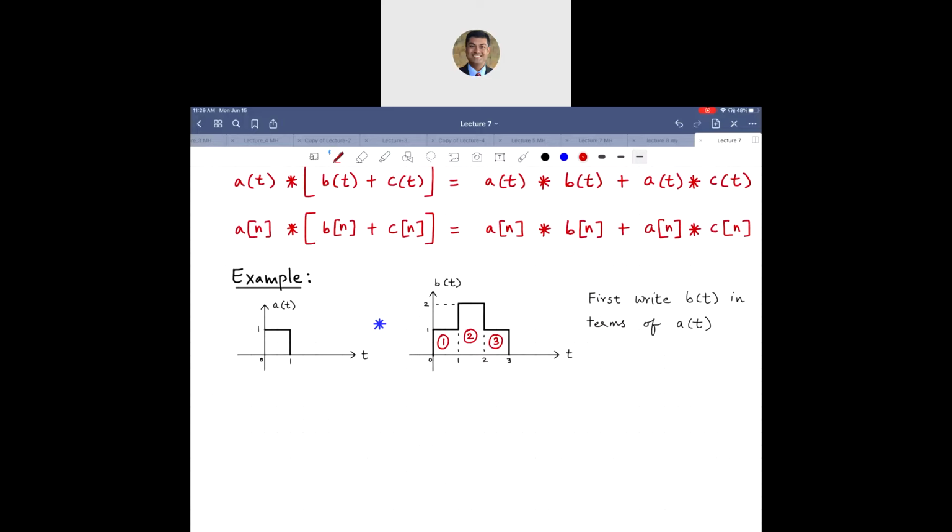So let's write B of t in terms of A of t. What is B of t? For the first piece, I simply have A of t. That's the first piece. For the second piece, I need to multiply the amplitude by 2, and I also need to shift by 1.